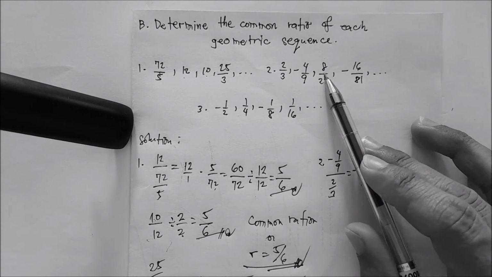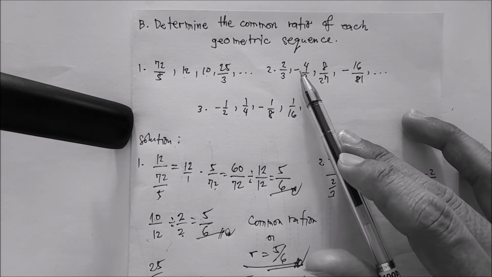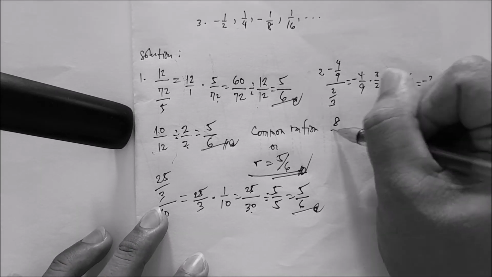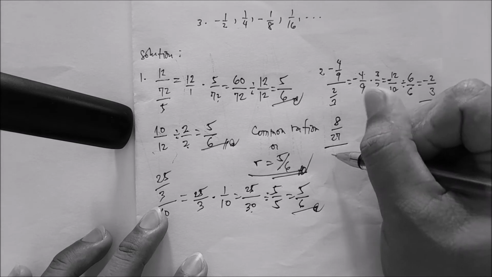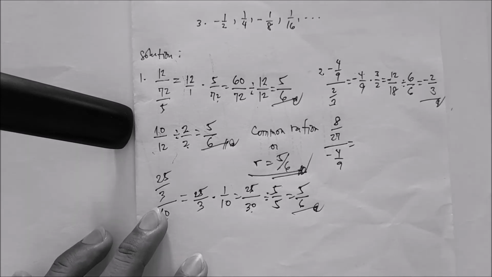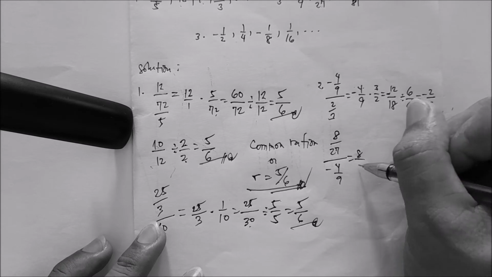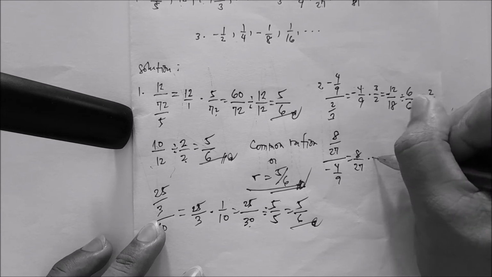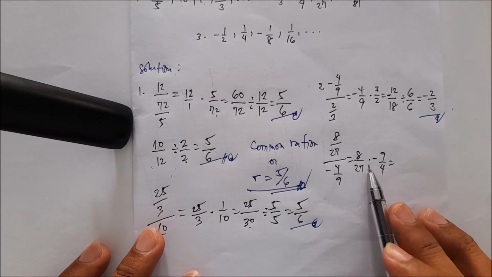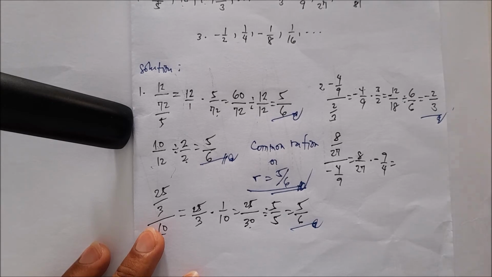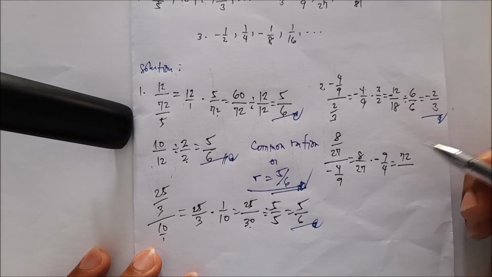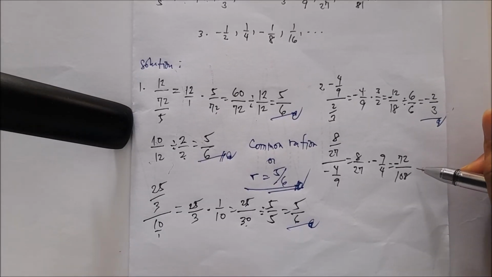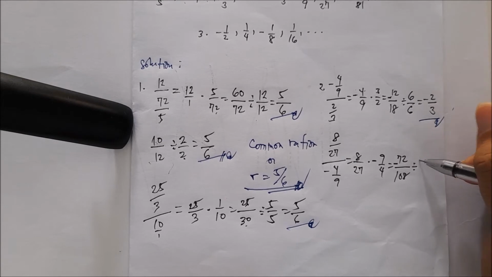is 8 over 27 divided by negative 4 over 9. So 8 over 27 times the reciprocal of negative 4 over 9, which is negative 9 over 4. 27 times 4 equals 108. Simplify? Yes, dividing both sides by 36.